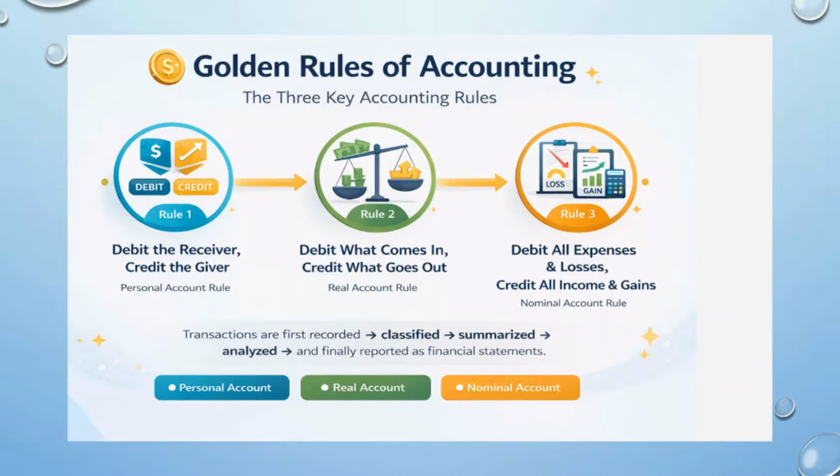For a nominal account, debit all expenses and losses, credit all incomes and gains. The transactions are first recorded, classified, summarized, and analyzed, and finally reported as a financial statement. So when you're talking about the personal account rule, debit the receiver and credit the giver.